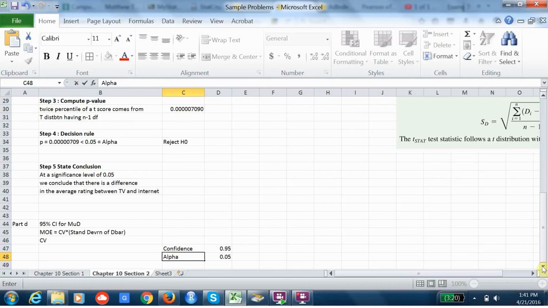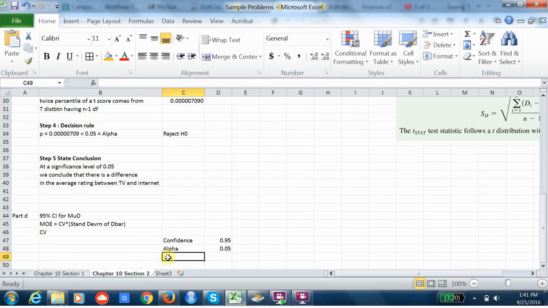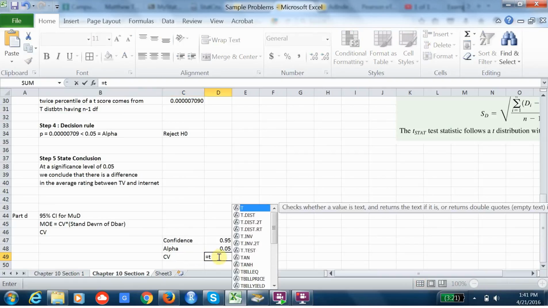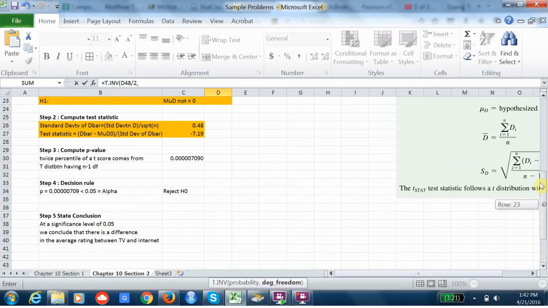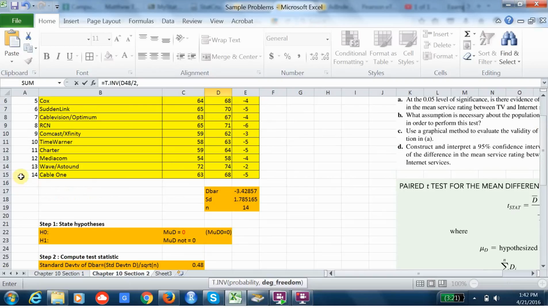And so now I want to find the critical value. I'm going to be finding the value that corresponds to the alpha over 2 percentile for the t-distribution with n minus 1 degrees of freedom. So my critical value is going to be equal to t dot inv. I divide alpha by 2, and my degrees of freedom is going to be 13, but I'm going to punch it in like that.